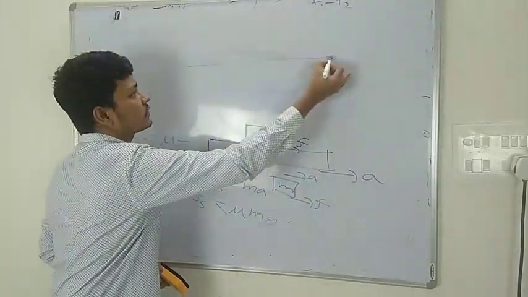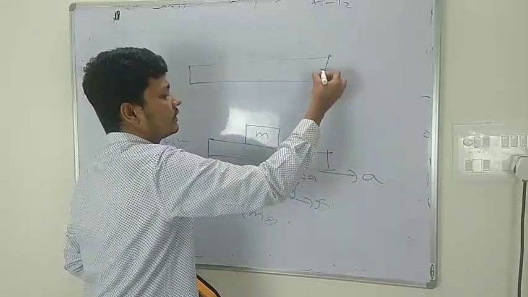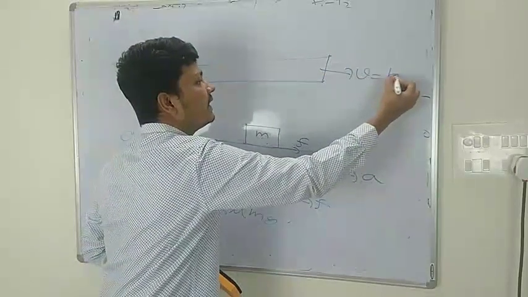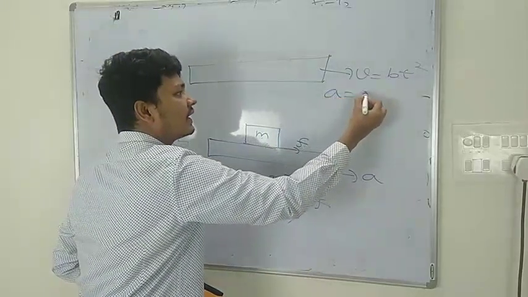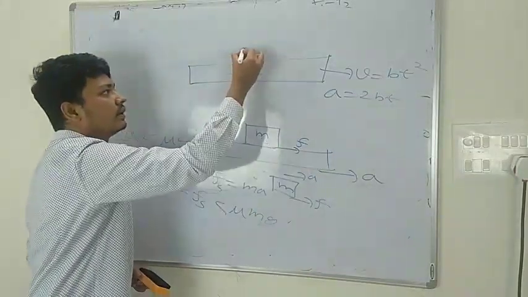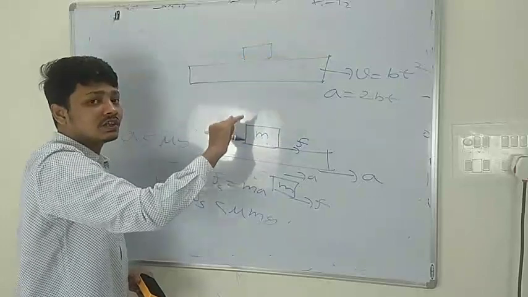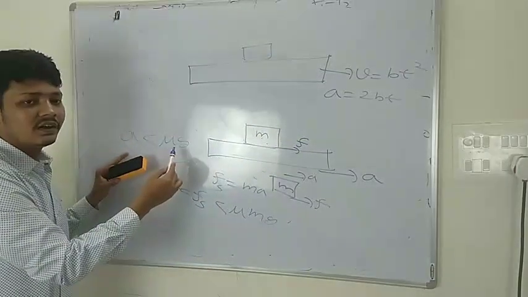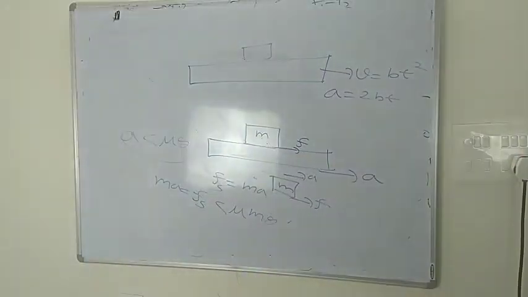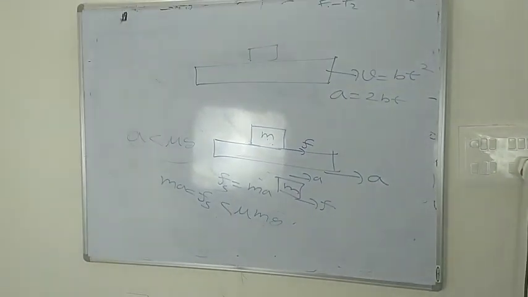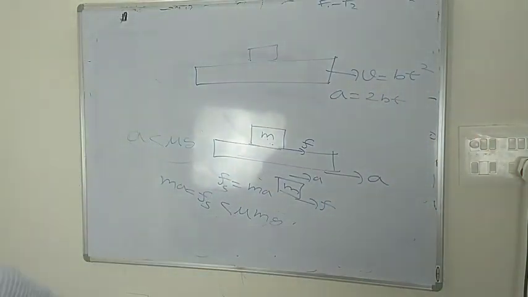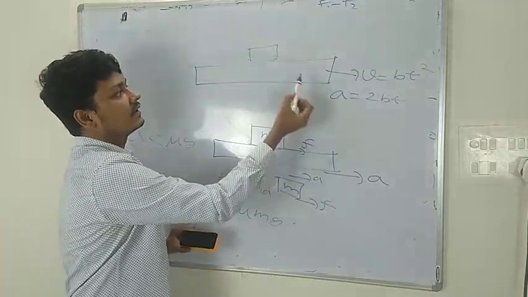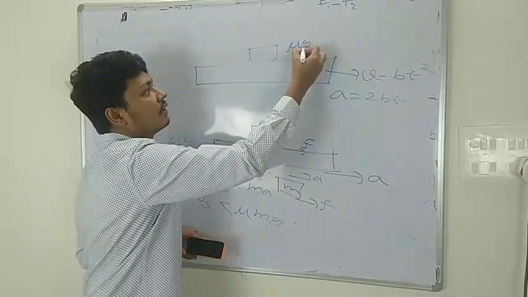So in your question, velocity was b times t square. That means acceleration you can calculate as 2bt.